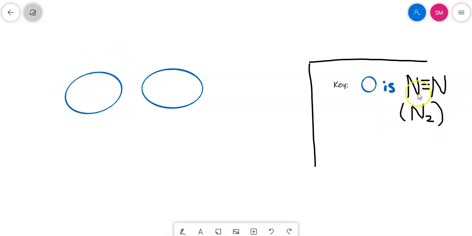So nitrogen forms about 78% of the air, and nitrogen, when it's in its gas form, or its elemental form, is actually two nitrogen atoms bonded together with a triple bond. So each of these blue circles represents one of these nitrogen molecules. So I will draw that in to make that easier to visualize.